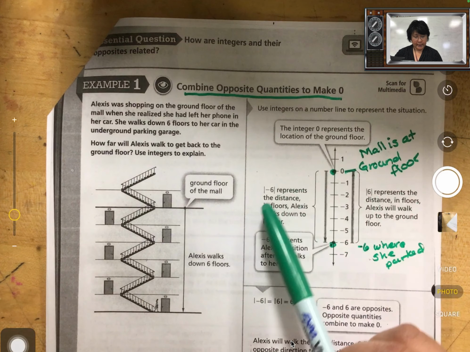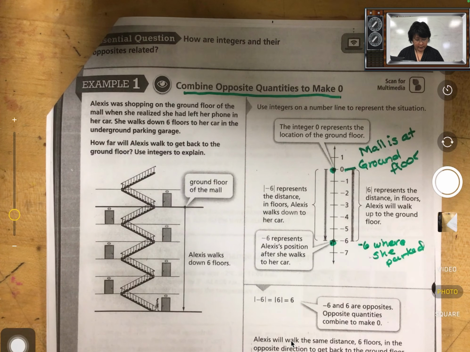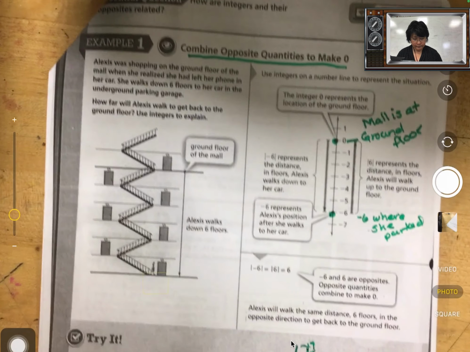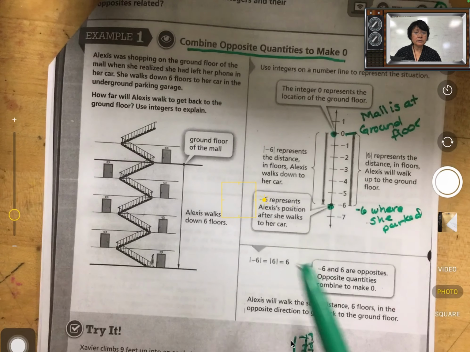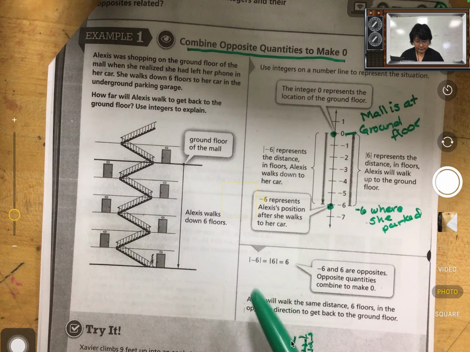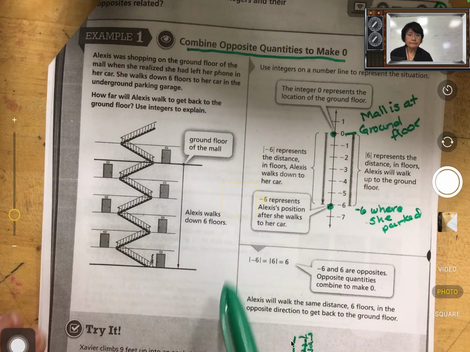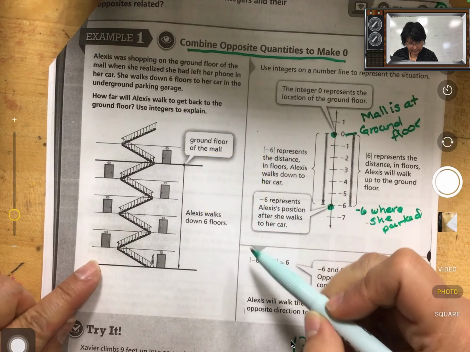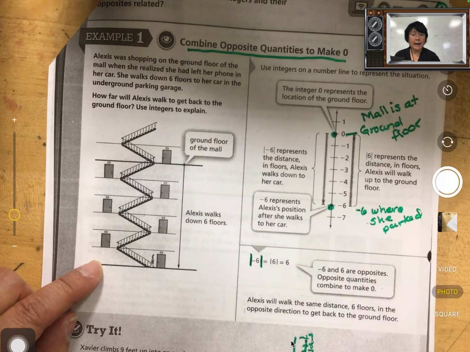We are dealing with the absolute values of opposites at this point. Let's take a look further down here. When we're talking about absolute values, any number inside the straight brackets means you need to get the absolute value.